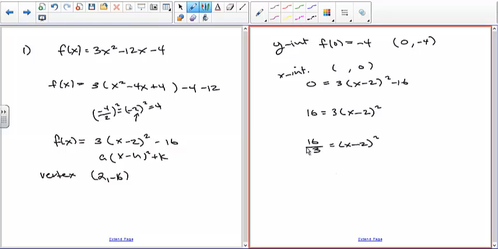Now, because this is positive, that means we are going to have real zeros. Now, if you take the square root, you'll get plus or minus the square root of 16 over 3 is equal to x minus 2.